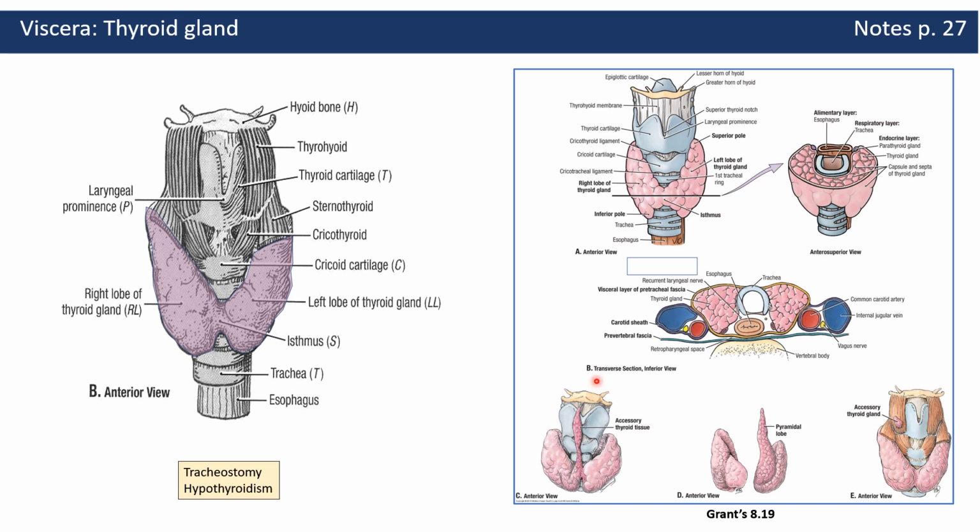And so anywhere along the path, you may find accessory thyroid tissue. You may also have a pyramidal lobe, which again is the result of the movement of this thyroid gland embryologically to its correct place. A thyroglossal duct cyst is also one of those clinicals that you'll see in your textbooks, and you're going to want to pay attention to that.